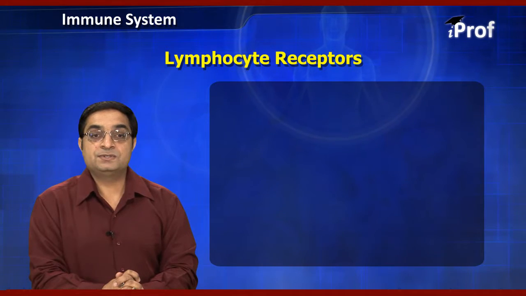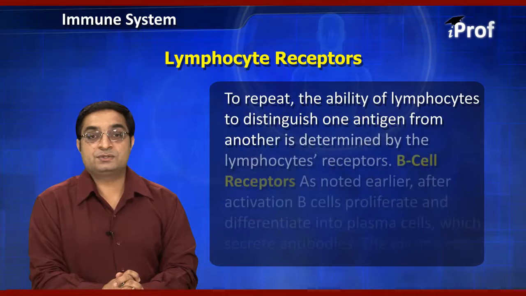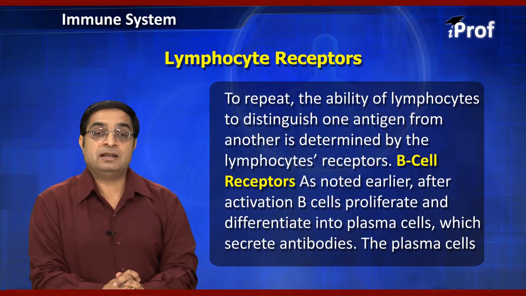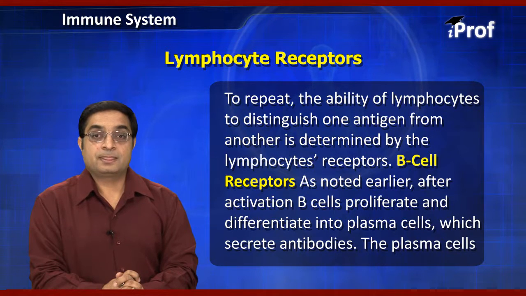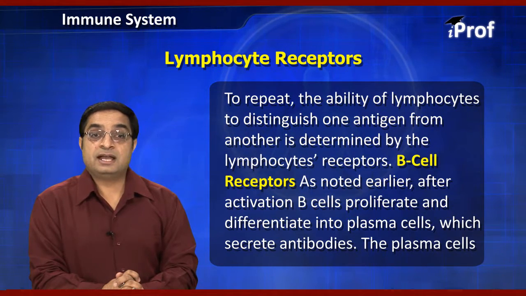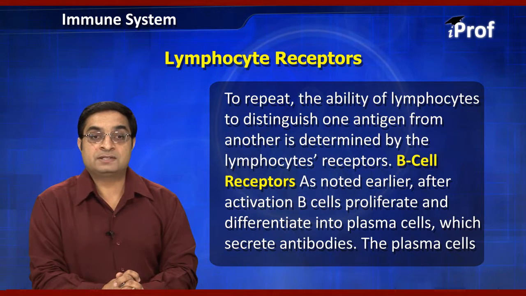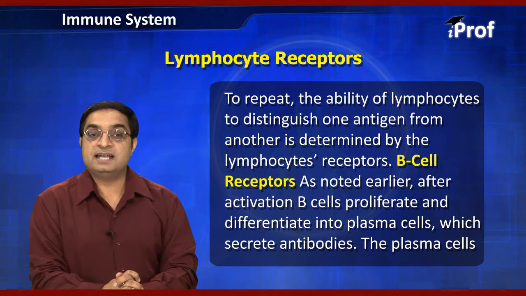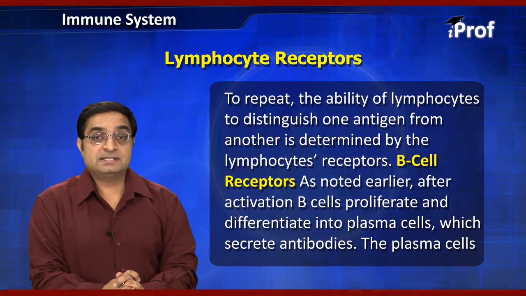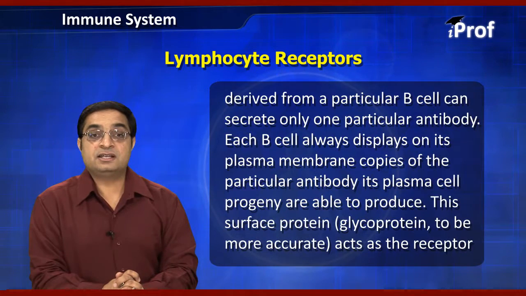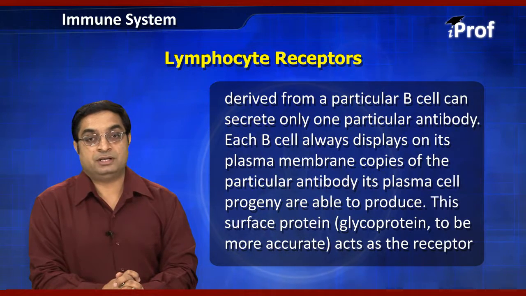To repeat, the ability of lymphocytes to distinguish one antigen from another is determined by lymphocyte receptors. B cell receptors, as noted earlier: after activation, B cells proliferate and differentiate into plasma cells, which secrete antibodies. The plasma cells derived from a particular B cell can secrete only one particular antibody.